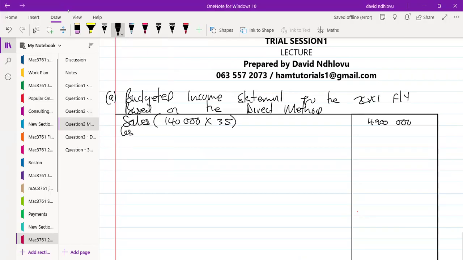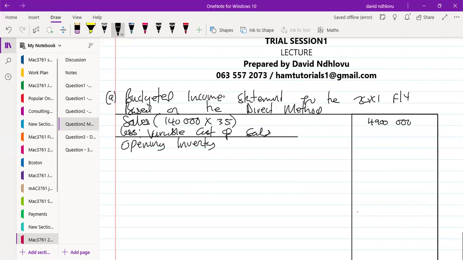Then let's remember this is direct costing, variable cost of sales. Then we are going to start with the opening inventory. Let's be reminded that opening inventory is already there on hand at the beginning of the next year.